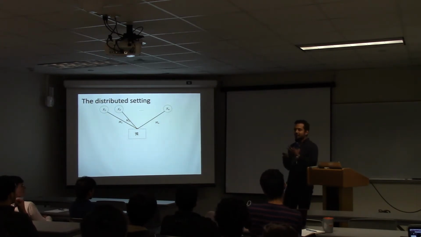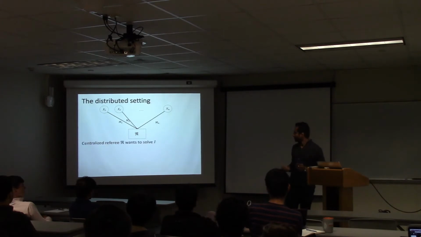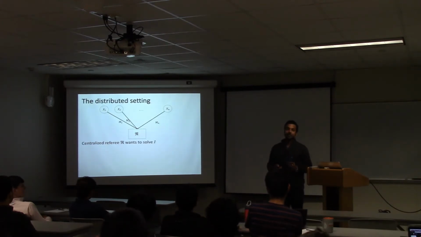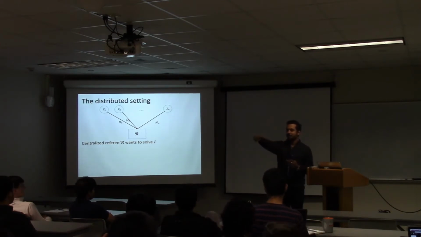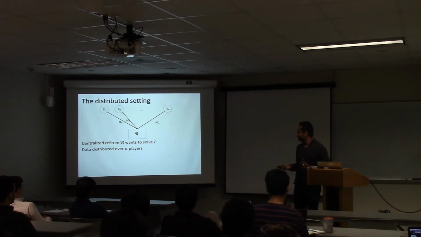So player i has a sample xi from the distribution P, and it wants to send a message mi to the referee R. And the centralized referee now wants to solve the problem I. So this is a distributed setting where the data is distributed, and the centralized referee wants to solve whatever inference task we are interested in.